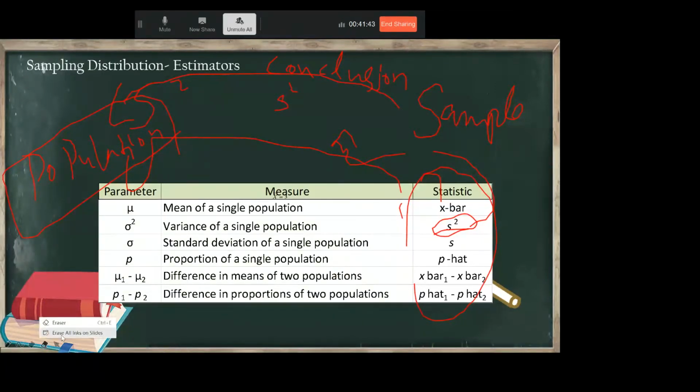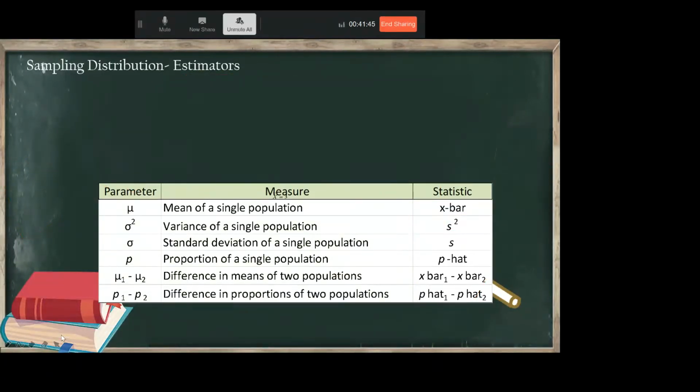What do you infer? You have mu, you don't know mu, but you have x bar equal to 3. So this is a sample. We have taken the sample from the population, and from that sample we get values x1, x2, and so on. But when we take the mean, x bar comes to 3.